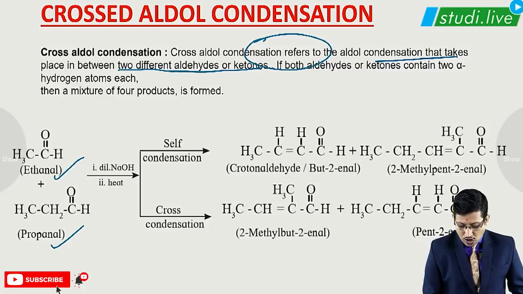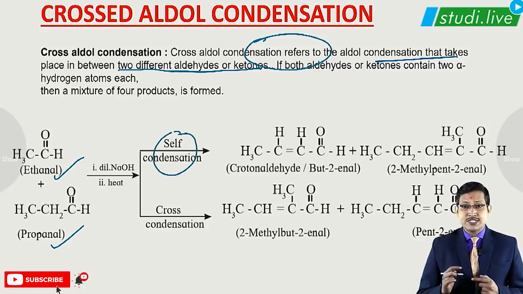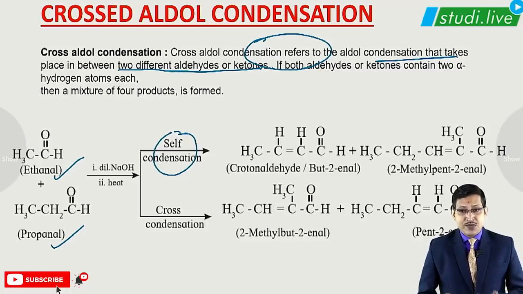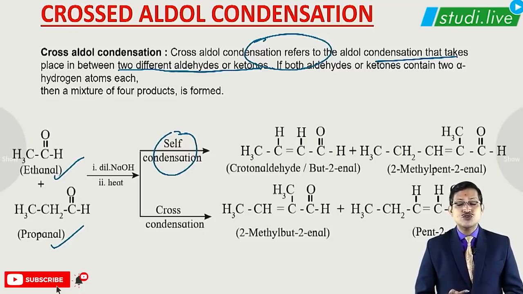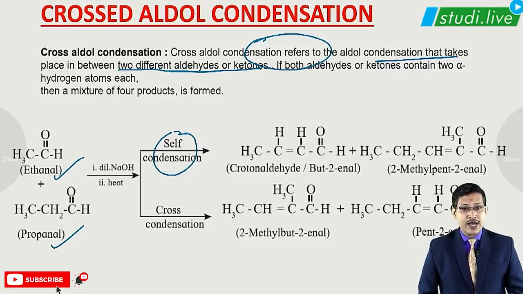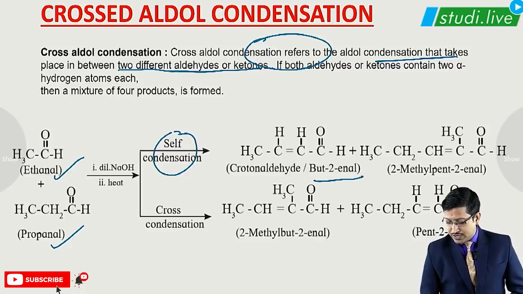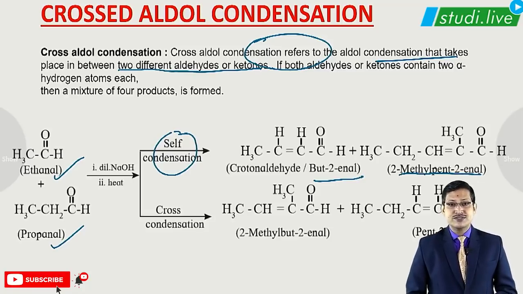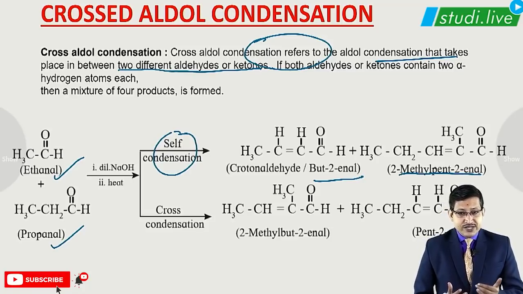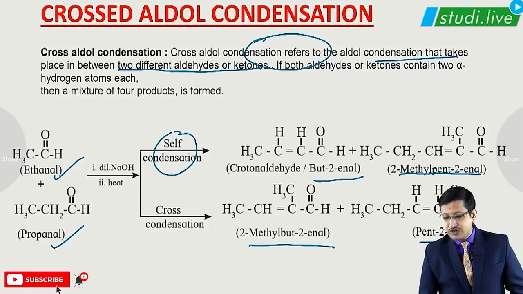Those aldehydes on self condensation, the same molecule repeated twice, where obviously you are removing the hydrogen from the alpha carbon, that is what is called self condensation. The two products you will get are but-2-enal and 2-methyl pent-2-enal. And when the molecules are reacted with the different reactant, that is ethanal with propanal or propanal with ethanal, that together will give you the formation of two different compounds.